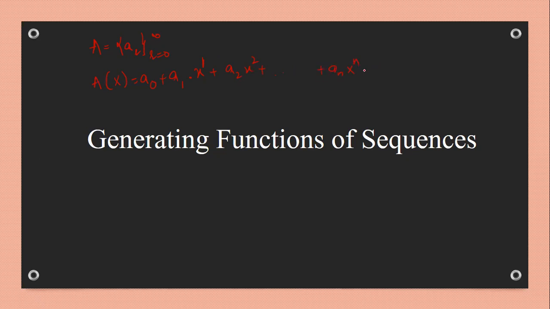Similarly, an will be multiplied with x power n, and this goes on till infinity. So our sequence can be written in this form: the sum over r = 0 to infinity of a_r into x power r. Basically, we are multiplying each number with x raised to its subscript. So for a naught, it is x power 0, which is 1 anyway, so we are not writing it.